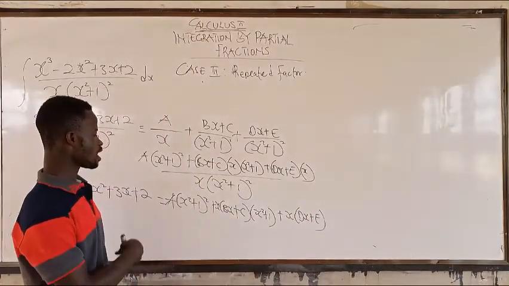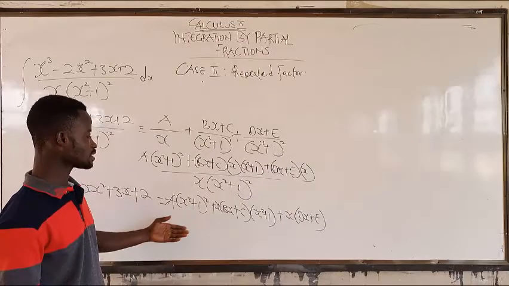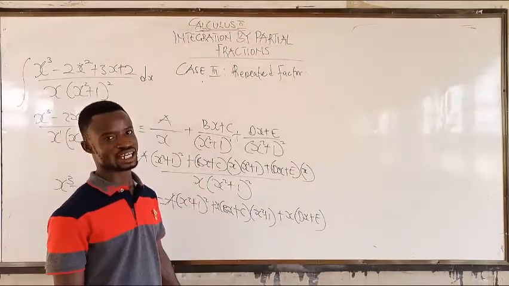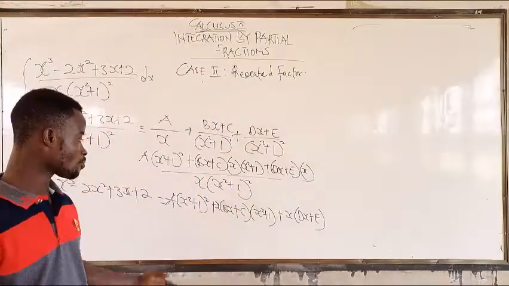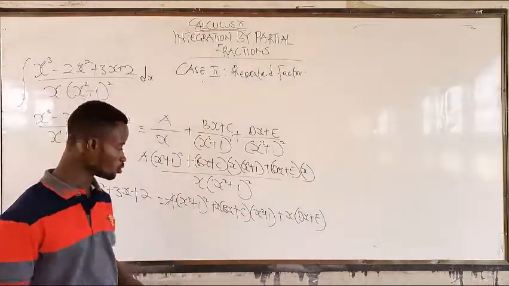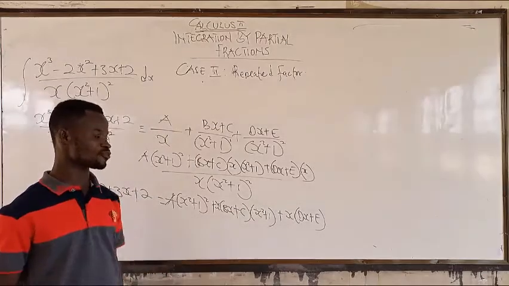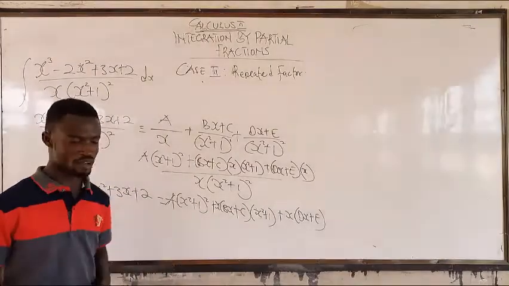Now, here, let's expand and simplify the right hand side and start comparing coefficients. So you can pause the video and be doing that on your own. Expand and simplify, and let's compare coefficients.